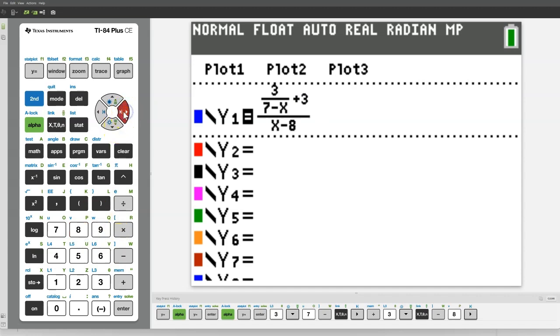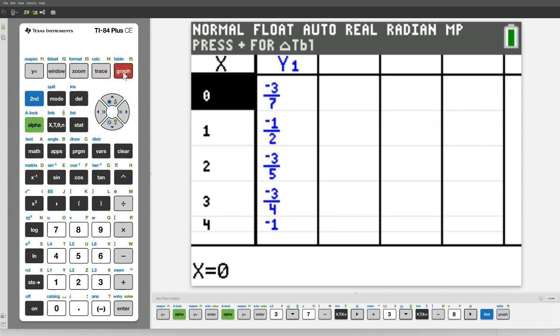So how is this going to be helpful to us? Well, now I can use the table feature. So I'm going to go over to second and then table, which is on the graph button. Oh, and right now my calculator is set to where I can't plug in specific x values, so I want to change that setting.